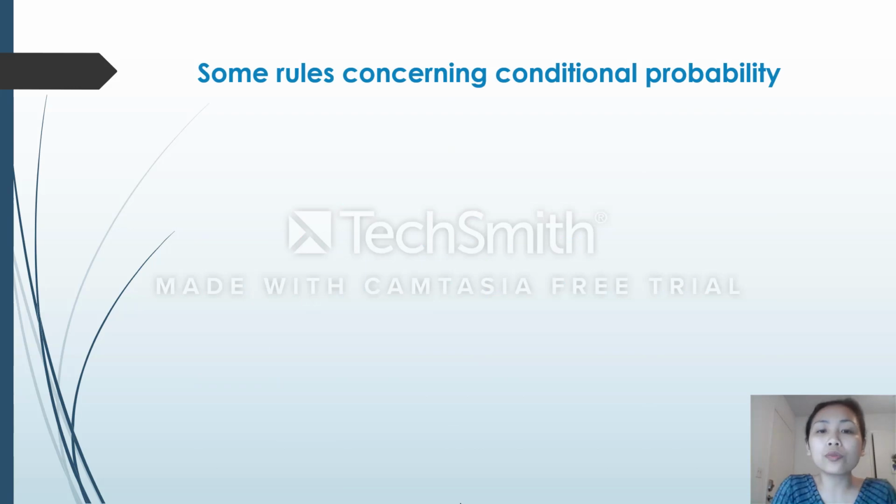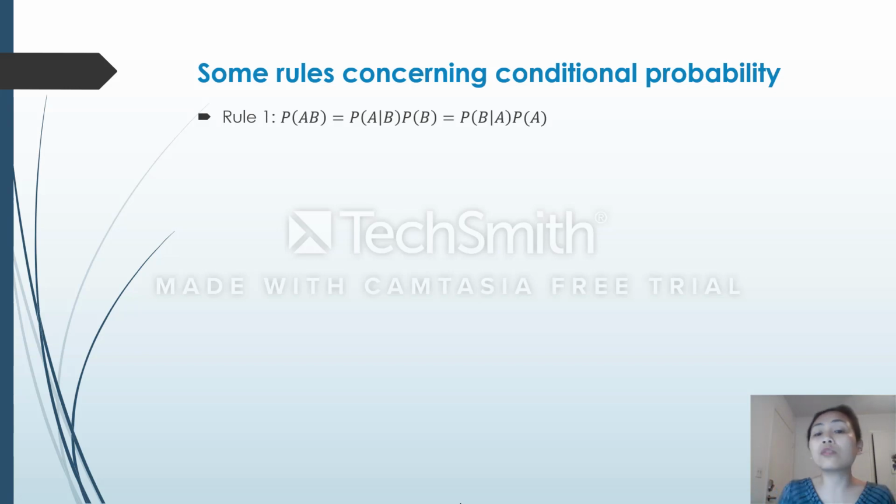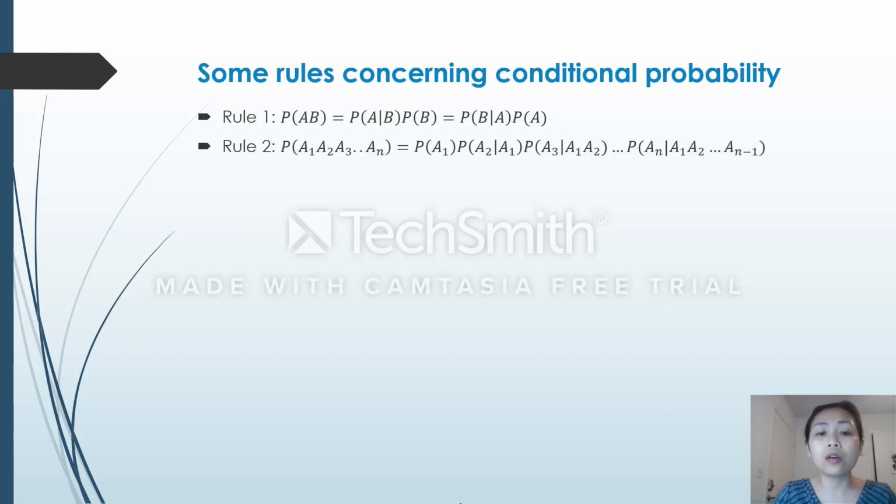We have some more rules concerning conditional probability. The first rule is probability of A and B is probability of A given B times probability of B, and equal to probability of B given A times probability of A. So this is basically the multiplication rule. Rule number 2, we extend it to more than 2 events.